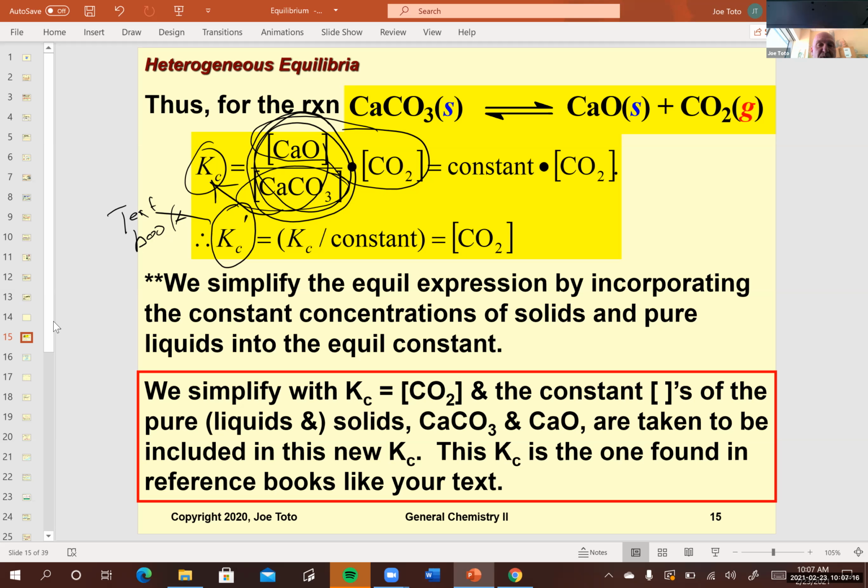So if it was 1 molar and a little bit got used up, it would be 0.999999999, say, and that's pretty much 1. So that's often incorporated in there. The one solvent that we use mostly in Chem 201, we mentioned last time, is water.